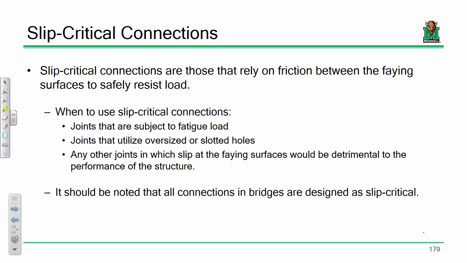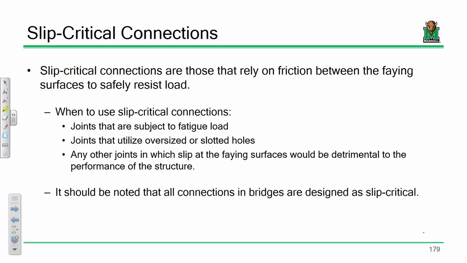Because when we do our analysis, we're relying on a bearing type connection. So here's the hole, here's the bolt, and the strength of the connection comes from the bolt literally bearing on the plate. It's literally pushing on the plate. So in that scenario, all we're looking at is how strong the bolt is and how strong the plate is. That's it. A slip critical connection is a little different.